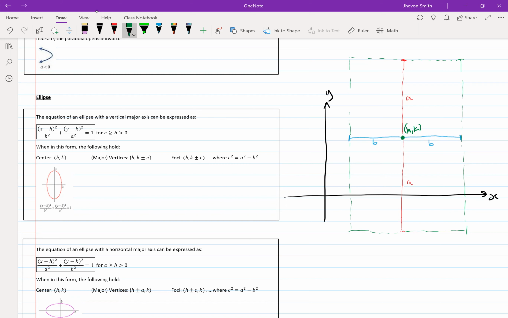You move up and down by the a, namely the base number underneath the y. This will project onto the sides of a rectangle. And now all you do is draw a curve that passes through all these points. Where these lines intersect that rectangle, these will be points on your ellipse.